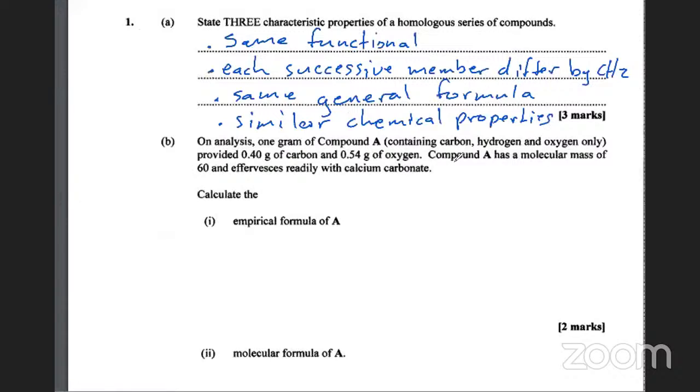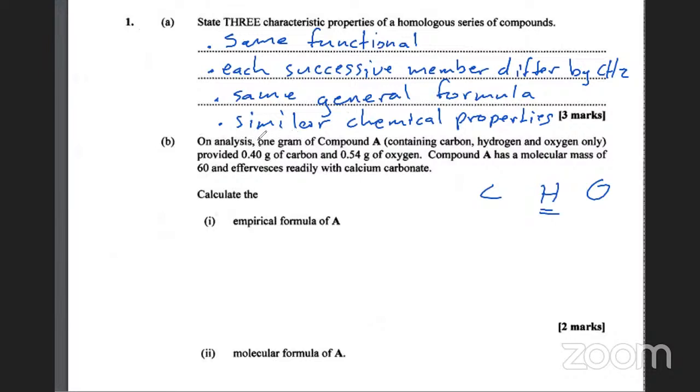Calculate the empirical formula. We have carbon, hydrogen, and oxygen. They give us the mass of carbon and oxygen, so we need the mass of hydrogen. You're going to add up the mass of carbon and oxygen and subtract it from 1 gram.